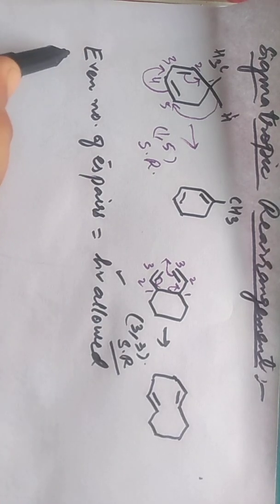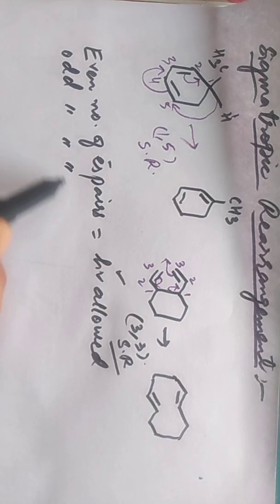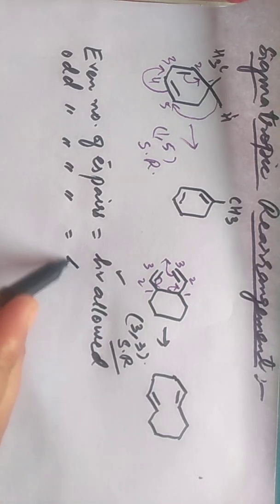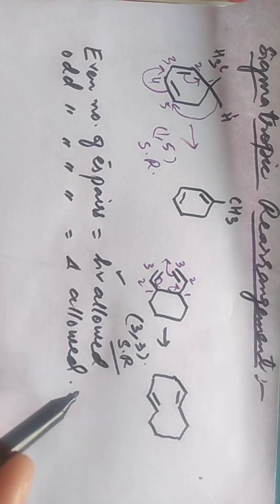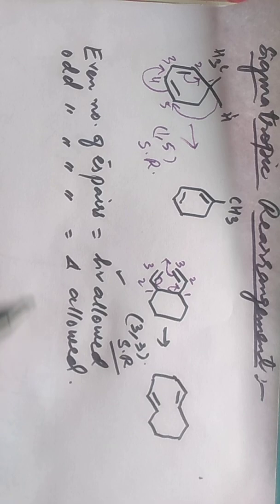Whereas if there are an odd number of electron pairs in a molecule, then the reaction is thermally allowed. Let us see how. We take some example here.